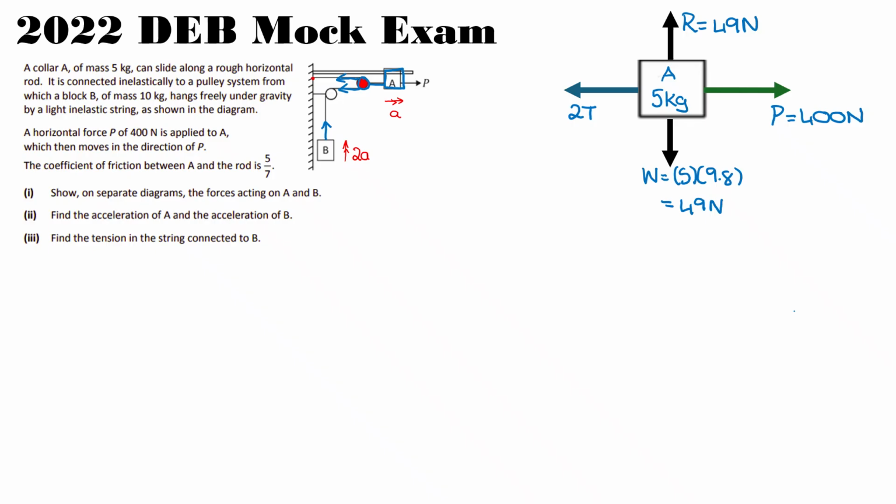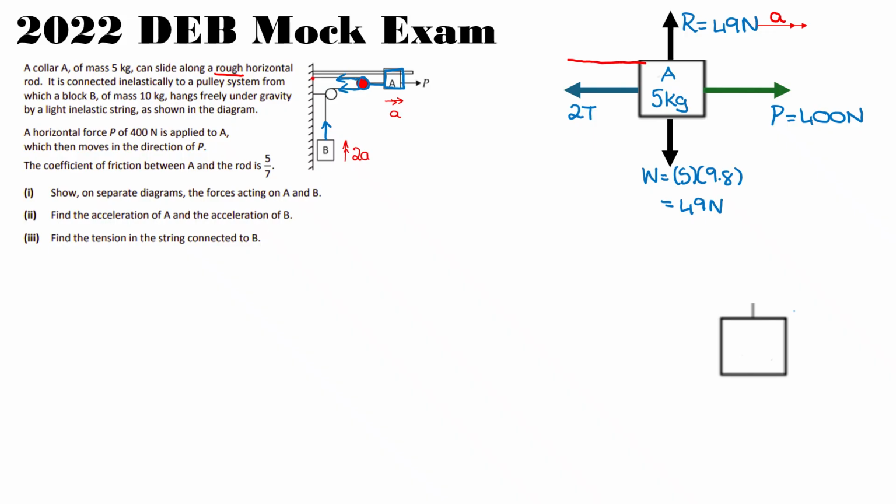We also want to think in terms of, okay, our acceleration or our movement is to the right, and that helps us then apply our friction, because remember that they told us that this was a rough horizontal rod. So that means for us, we also have a friction force that's pulling this over to the left.